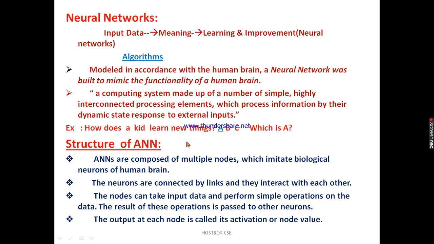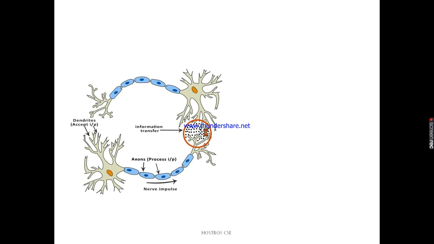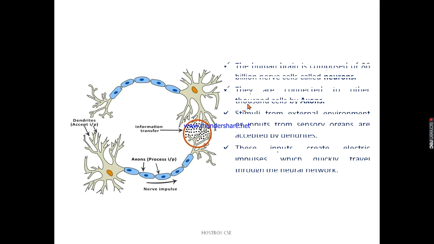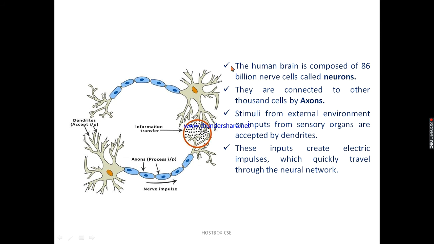Before discussing the structure of ANN, we see the diagram here, how these are connected in the human brain. Neural networks are one of the important networks developed based on the structure of the human. Generally the human brain is composed of 86 billion nerve cells called neurons.